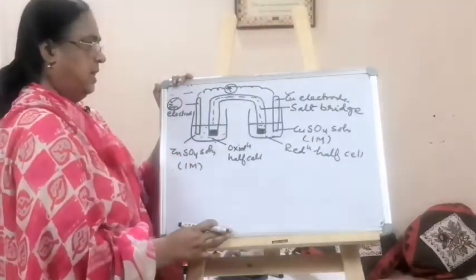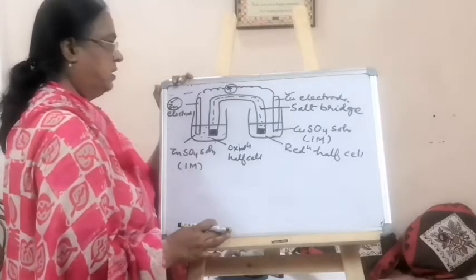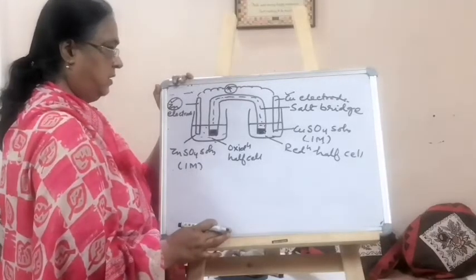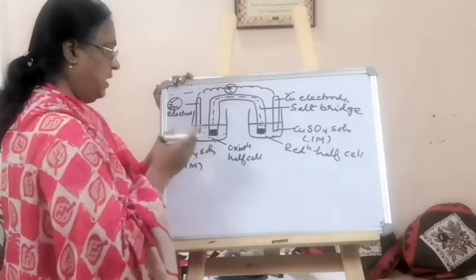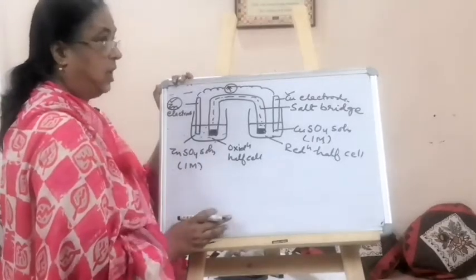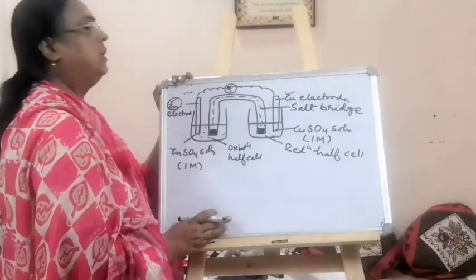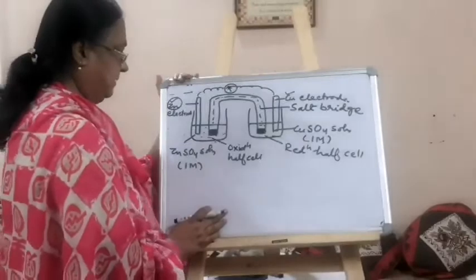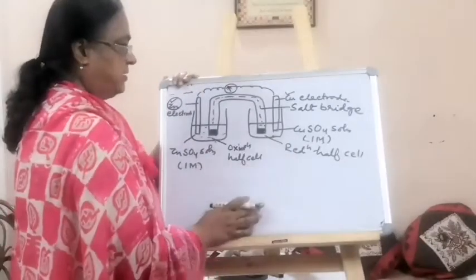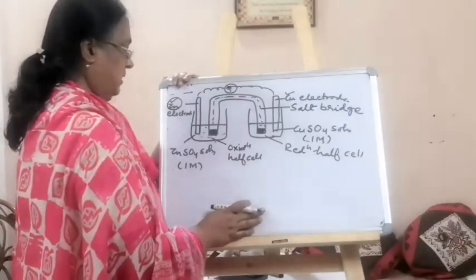In most books and most places, the oxidation half cell is always taken on the left side, but it is not a hard and fast rule. In most cases it is on the left-hand side and the reduction half cell on the right-hand side.